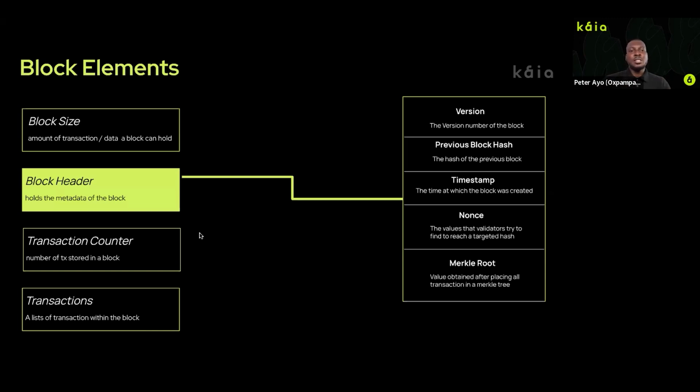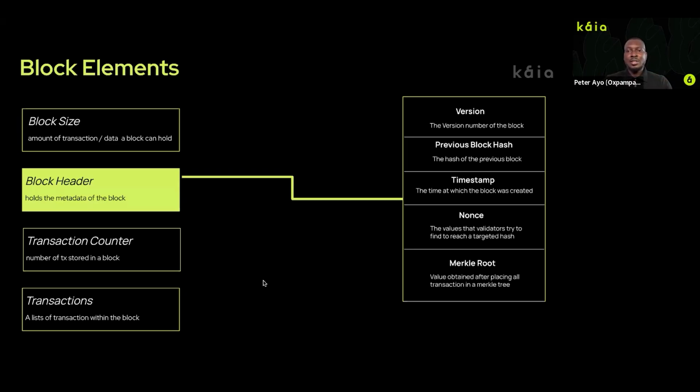So the first on the list of block elements is block size. Moving on, we also have the block header. The block header is basically the metadata of the block. When we talk about metadata, we're talking about the various elements that need to be included in your block.